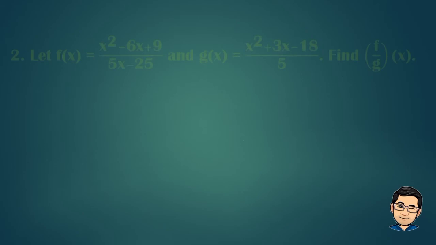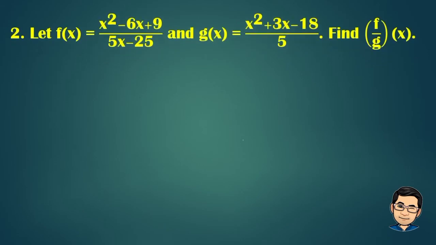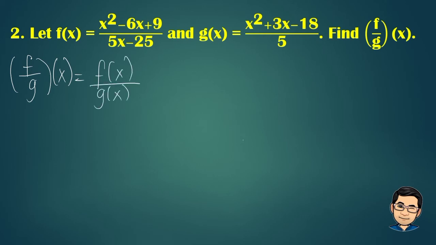Okay, let's have number 2. Let f of x is equal to x squared minus 6x plus 9 all over 5x minus 25, and g of x is equal to x squared plus 3x minus 18 all over 5. And then, kukunin natin yung ratio between these two functions. So, let's have f over g of x is equal to f of x over g of x.